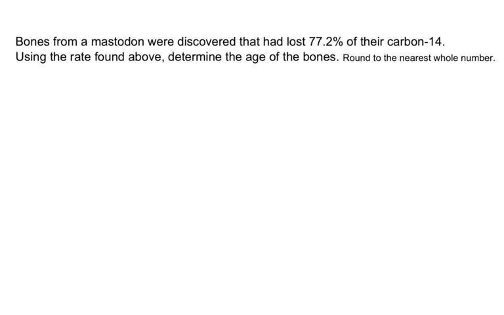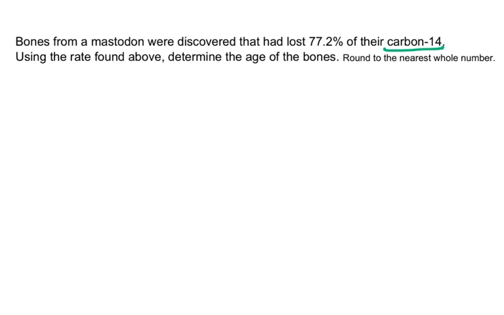So here we have a problem. Bones from a mastodon were discovered that had lost 77.2% of their carbon-14. If we use the rate we found on the previous problem, let's determine the age of the bones, and we're going to round to the nearest whole number. We just talked about the decay rate of carbon-14.